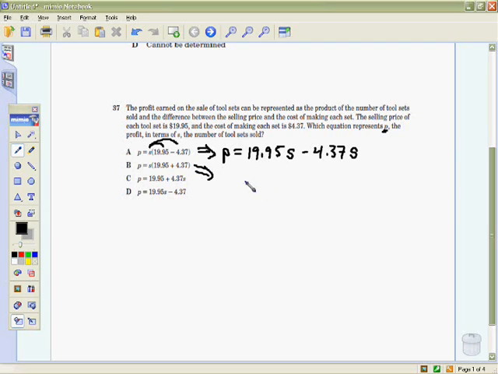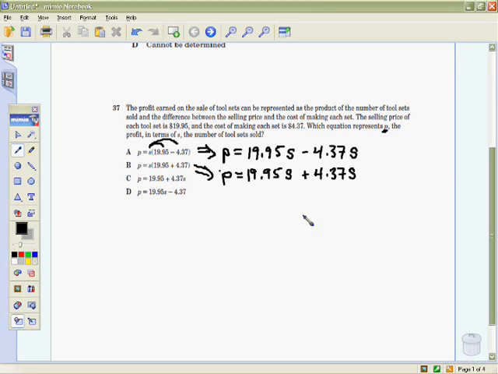For B, I get P equals 19.95S plus 4.37S. So now all four of our answer choices match, and we can see what we have going on a little bit better.